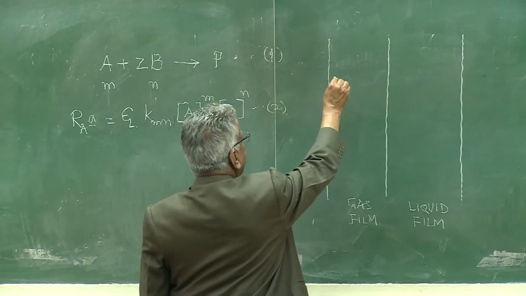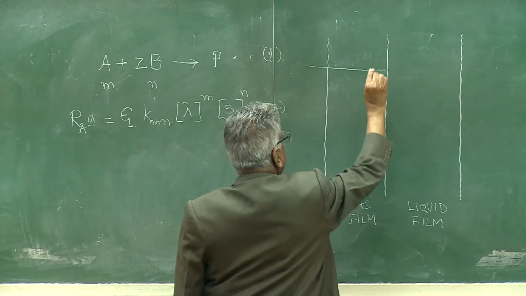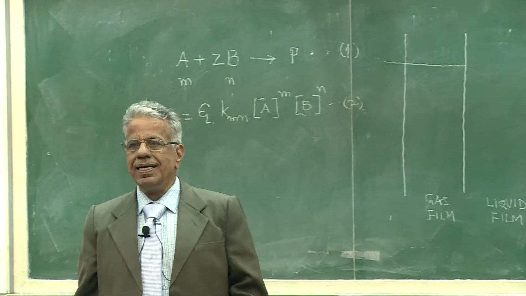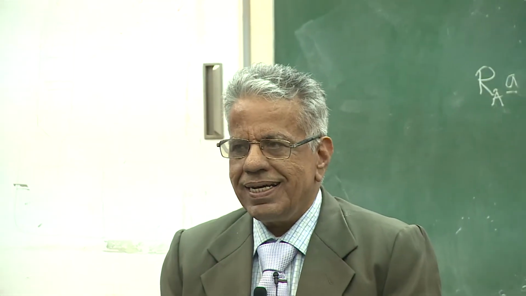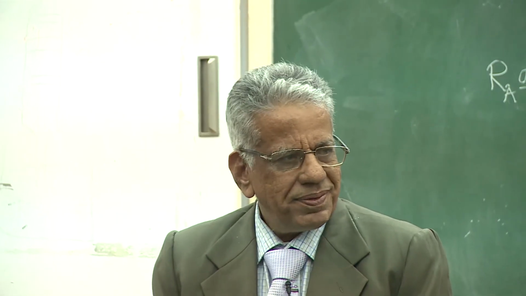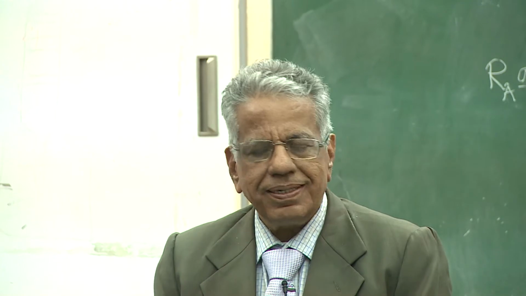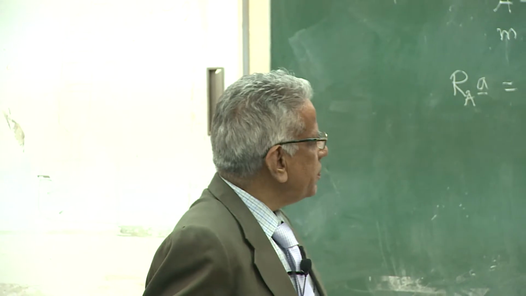To begin with, let us make an important assumption which we will relieve towards the end, that there is no resistance offered by the gas film. In reality, it may be there, it may not be there, but I am going to include it in the overall rate of reaction as we proceed further.